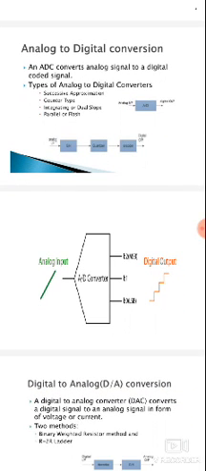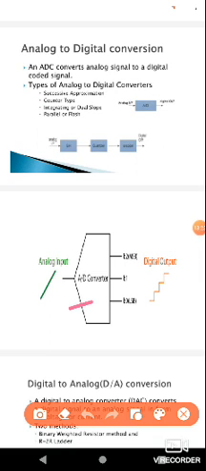Here we give the analog input, and the analog input will be converted by the analog to digital converter. Next, these are the digital outputs. The digital output contains only binary values, that is, B0, B1, B2. The digital output is just like a ramp or staircase output. The staircase output contains only 1 and 0, binary 1 and binary 0.